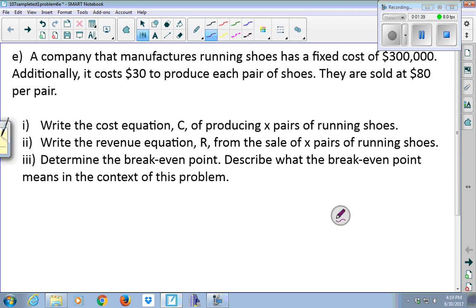So one of the first things you should realize here is that you will be finding the coordinates for a point. You'll be finding the coordinates where the first coordinate x is the number of pairs of running shoes.